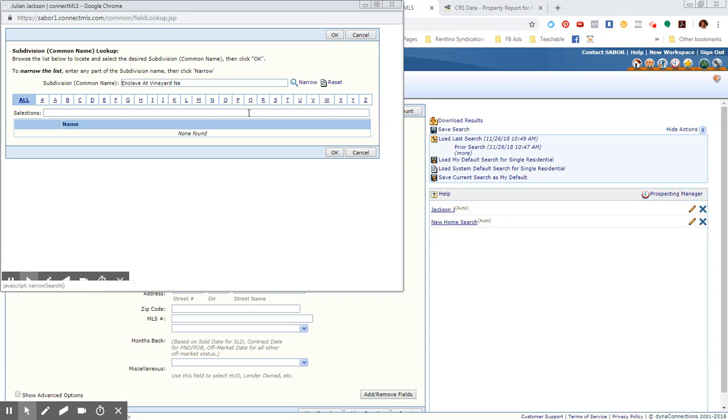Now you just shorten it up until you see some options, and then you pick the right option from the choices available.